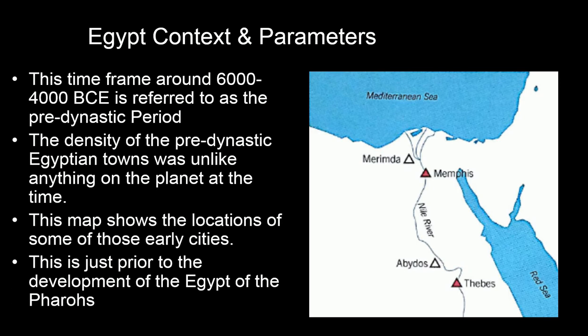So that period in Egypt is called pre-dynastic, okay, a pre-dynastic period. And it occurred sometime in the range of 6,000 to 4,000 BCE, and we know there were settlements, particularly in Lower Egypt, not Upper Egypt. And this is about where they were located. They became cities later as Egypt developed. Okay.